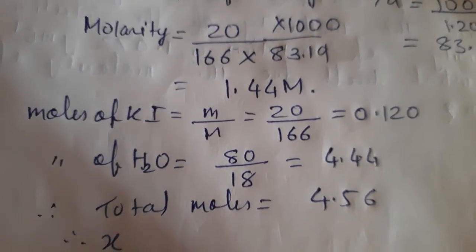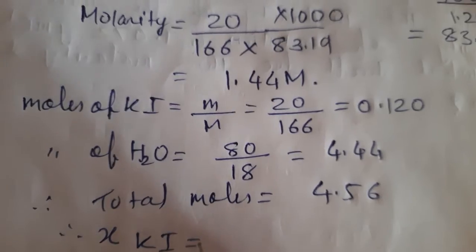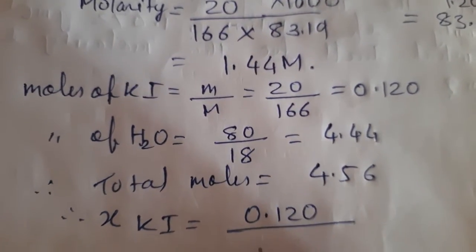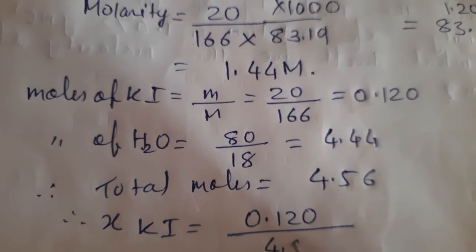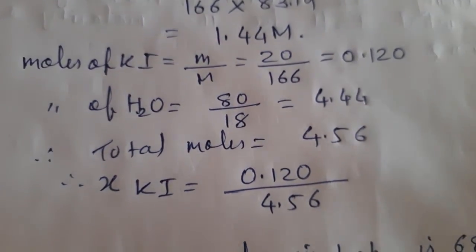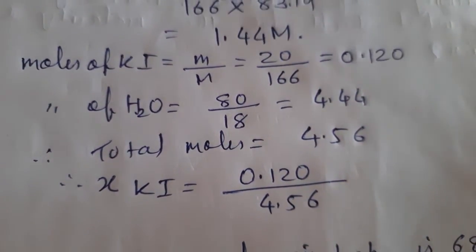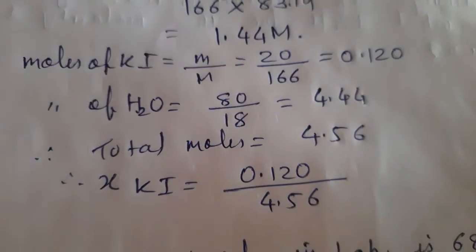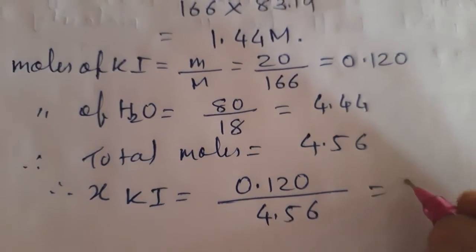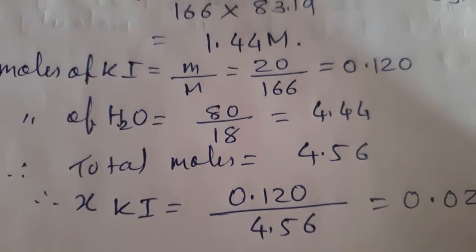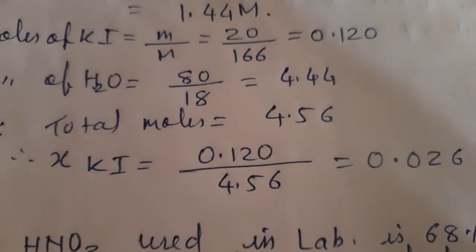Therefore, mole fraction of KI is equal to moles of KI divided by total moles, 4.56. So 0.120 divided by 4.56 is equal to 0.0263. This is mole fraction of KI.